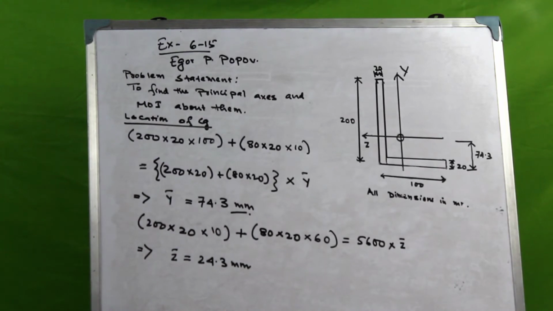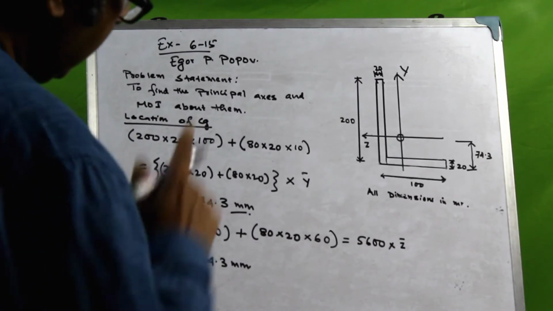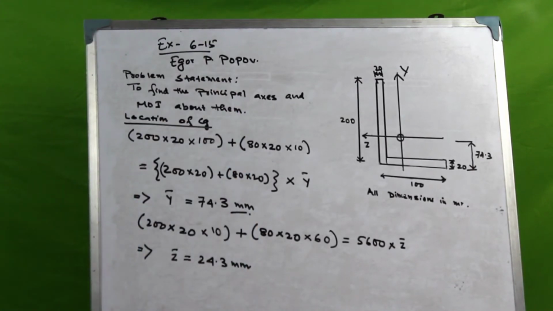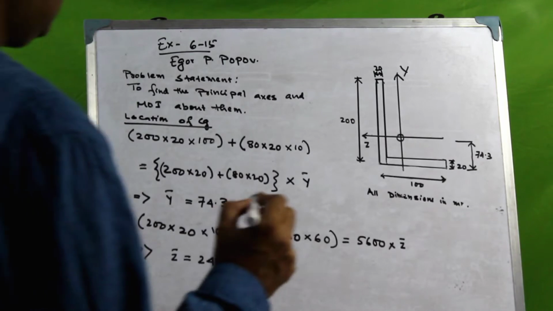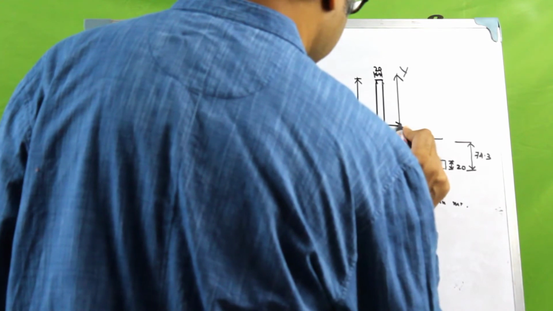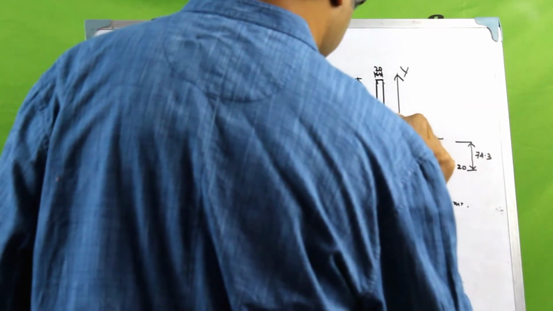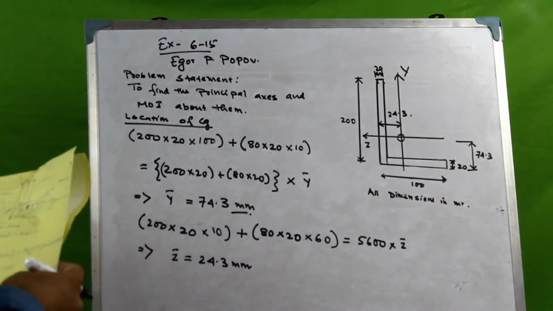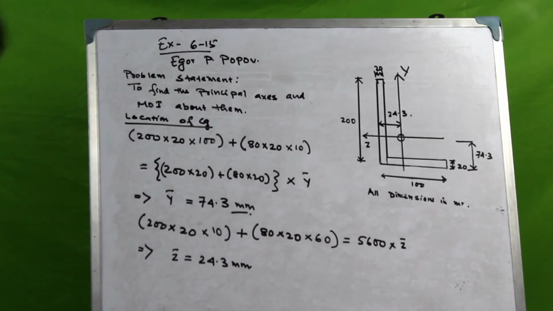If you want to see the details of this calculation, you can go to the session where we solved 2 problems with parallel axis theorem by clicking on the link appearing on the screen above. Right. Now, this means that we have this value calculated as 24.3.